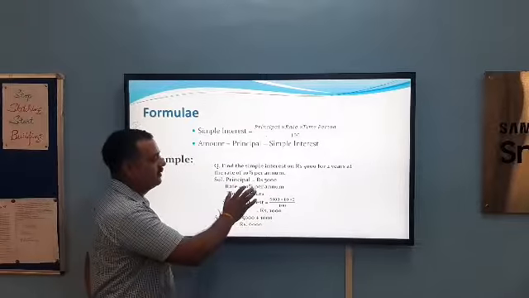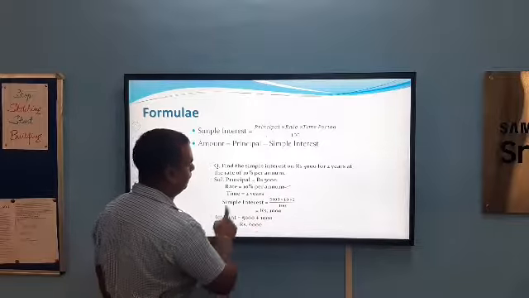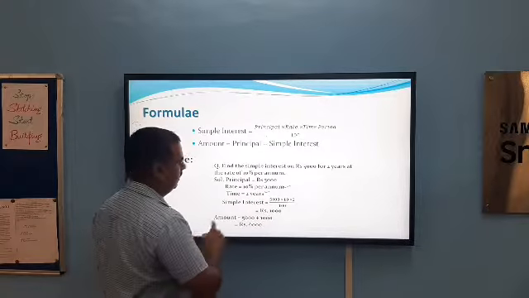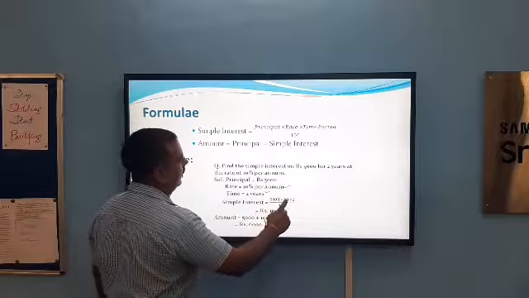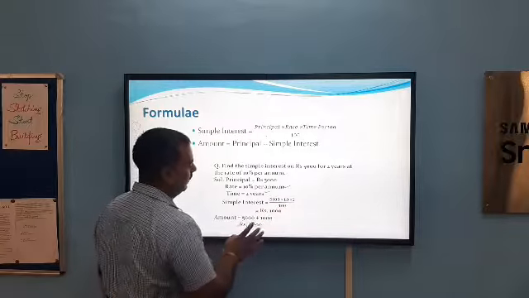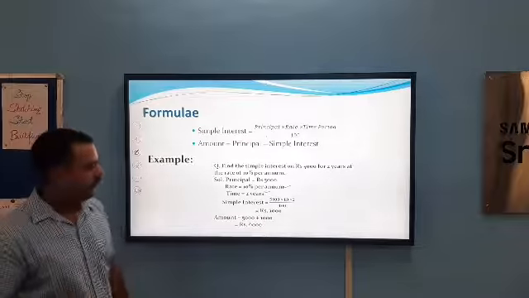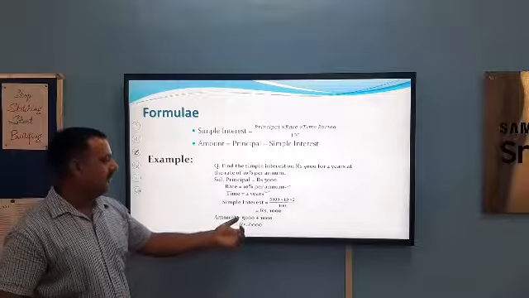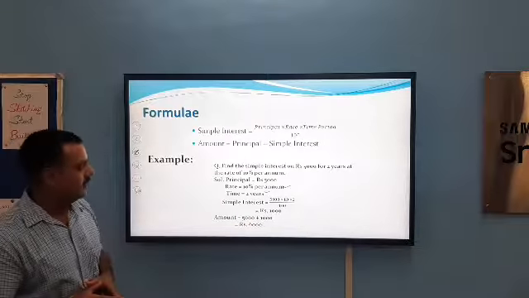So principal is rupees 5,000, rate is 10% per annum, time is 2 years. So we apply the formula: simple interest is principal into rate into time upon 100. After calculating we get simple interest as rupees 1,000 and amount is 5,000 plus 1,000, that is rupees 6,000.